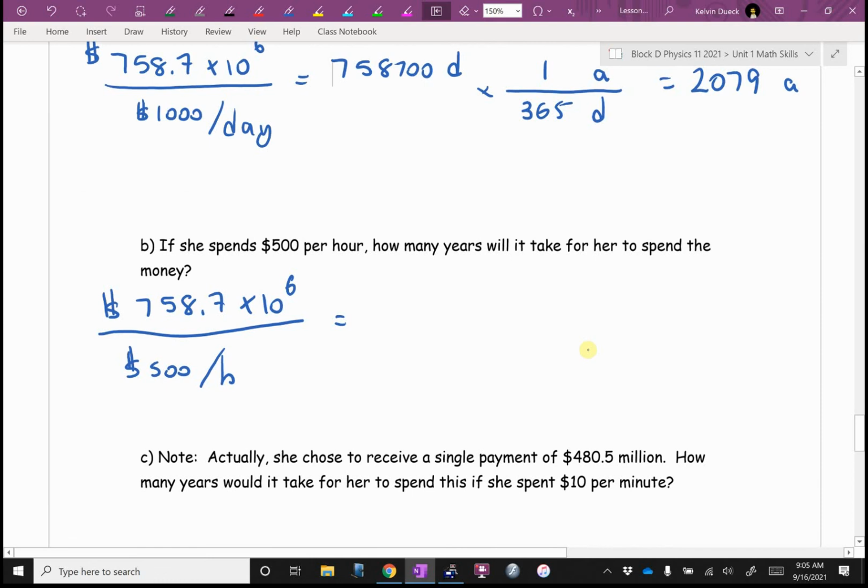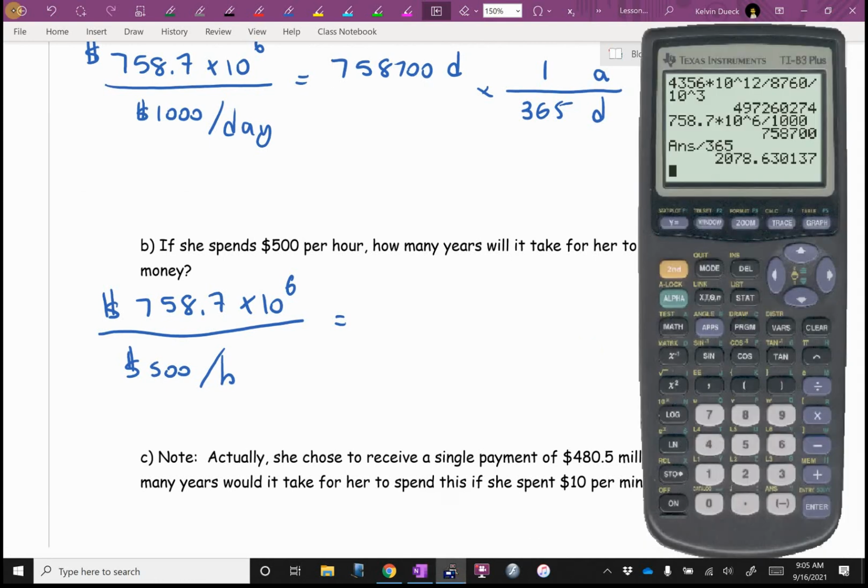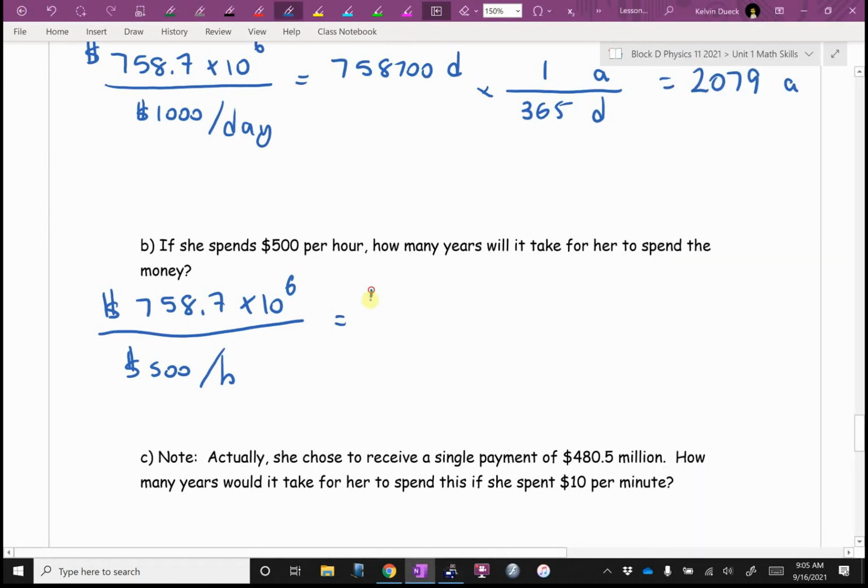Let's do the next one then. So it's going to be 758.7 times 10 to the 6th divided by 500. And I get 1,517,400. Nodding? Yep. 1,517,400.